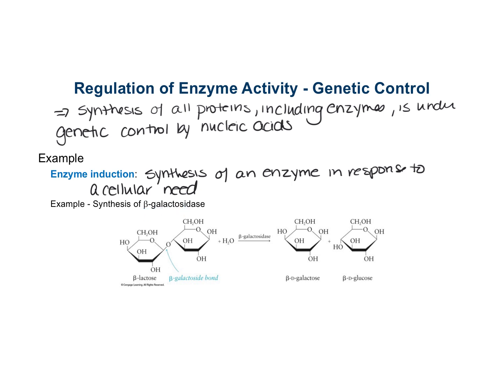Beta-galactosidase is an enzyme that's required for the utilization of lactose. So what happens is the beta-galactoside bond is here, and this enzyme, which is shown here, hydrolyzes this. And so that enzyme catalyzes the hydrolysis of these two to D-galactose and D-glucose.